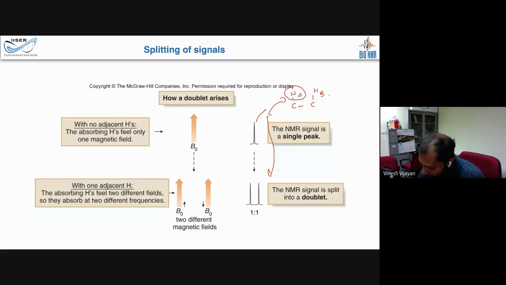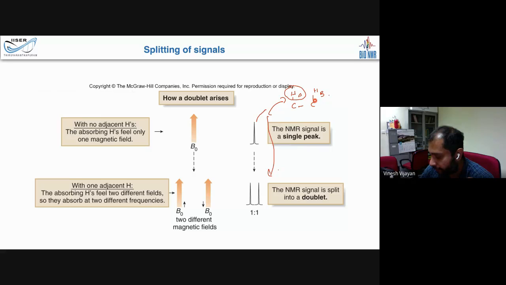So HA and HB, vice versa also. The HB spin state is being transmitted to HA, so the energy of HA is influenced by the HB spin state.